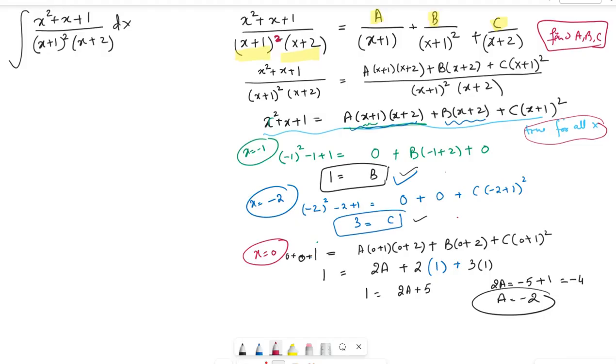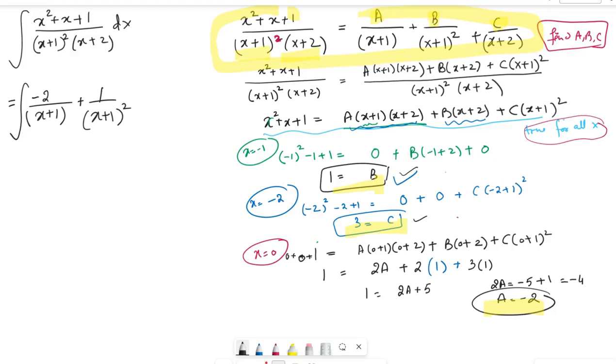That means using these three constants and our starting fact, we can say that this integral can be written as, let's write it down, negative 2 by x plus 1 plus B is 1 by x plus 1 whole square plus C is 3 by x plus 2 dx.